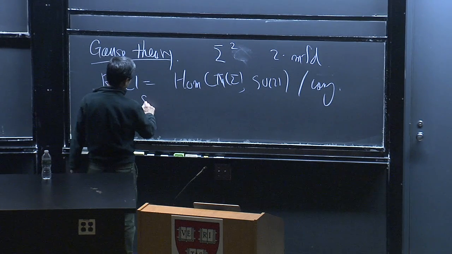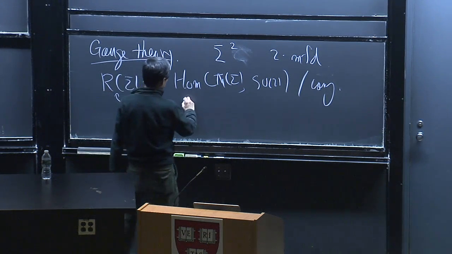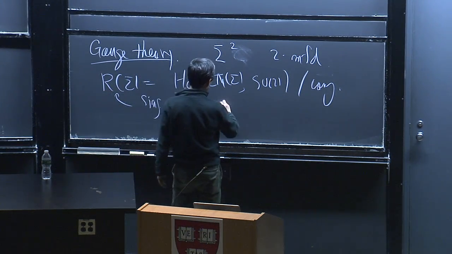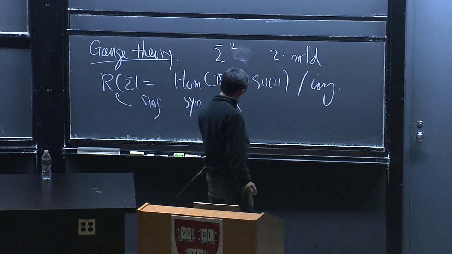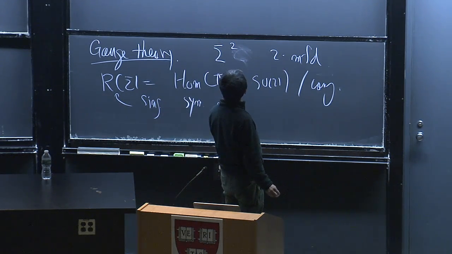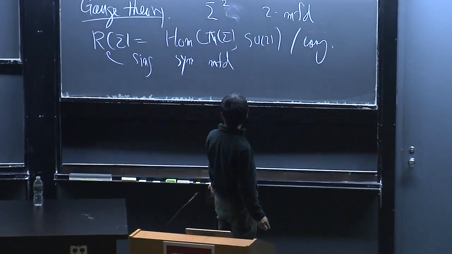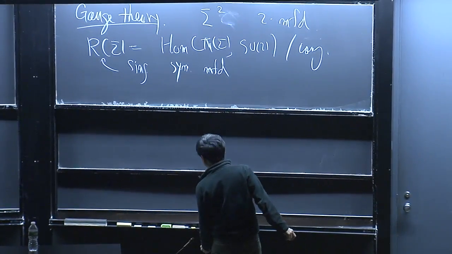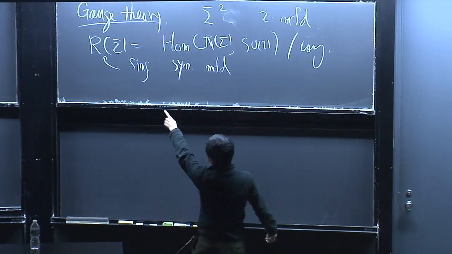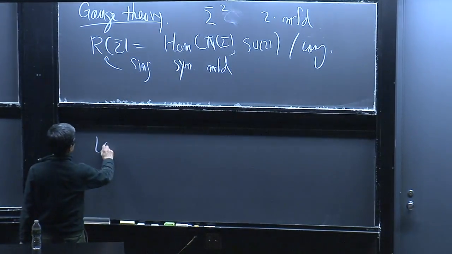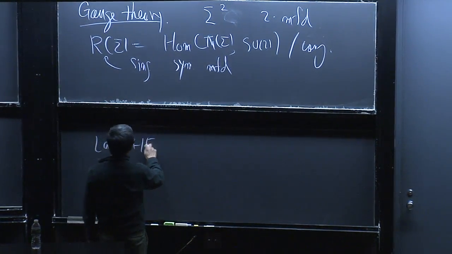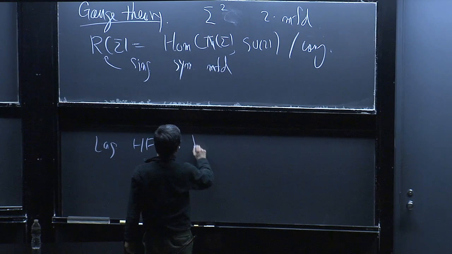The problem I was recently interested in, in a gauge theory kind of question, is related to this Lagrangian Floer homology in this singular symplectic manifold.